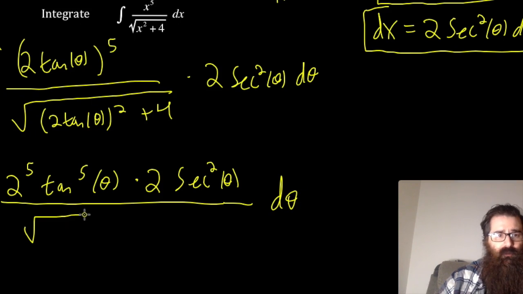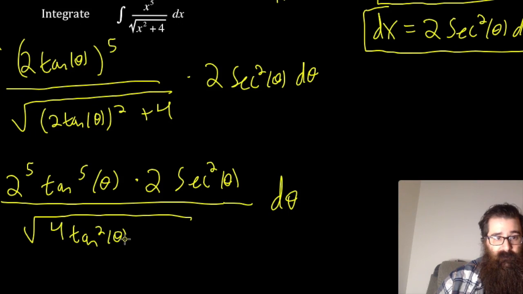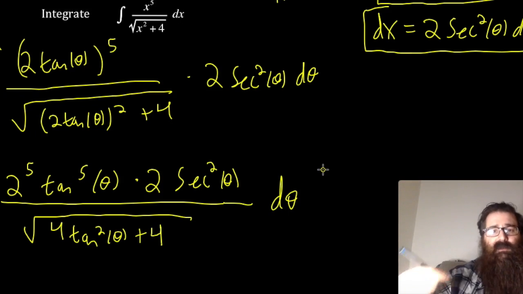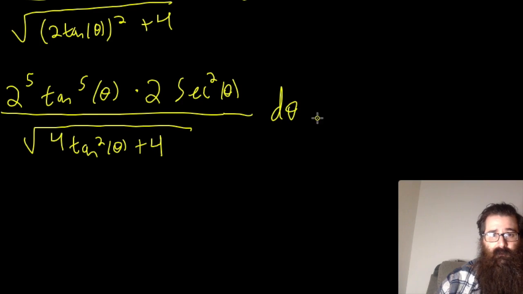And under the square root, I could say, well, 2 tangent theta, if I square it, gives me a 4 tangent squared theta plus 4. But I'd like to continue working from here. So what else can I do? Well, little steps, right?